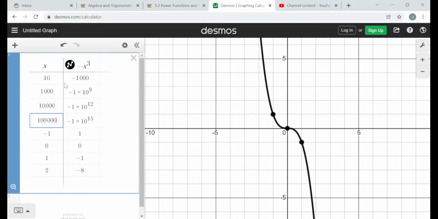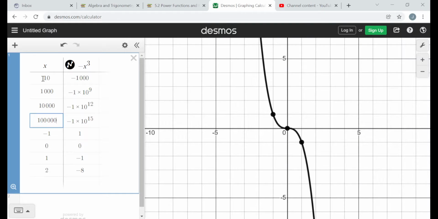So you see the bigger x gets, the bigger negative y gets, or f gets, the value of the function. So this shows me that as x approaches infinity, y approaches negative infinity. Meaning as I go to the right, the graph goes down, which you're seeing in the graph here.